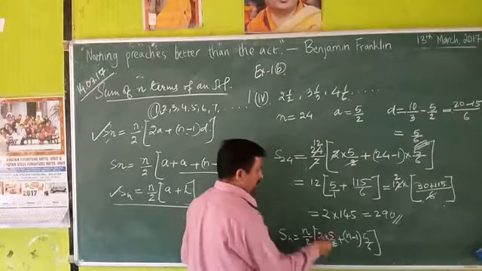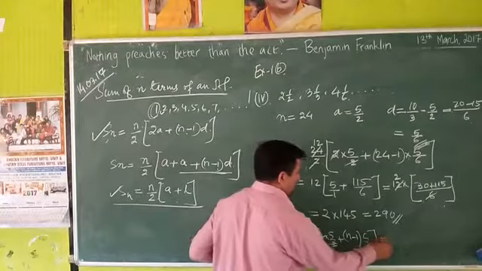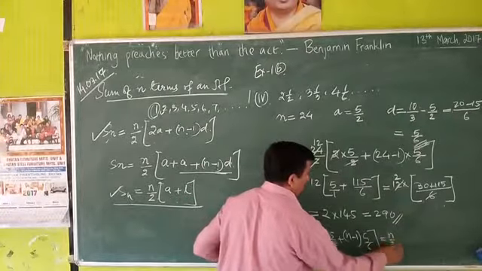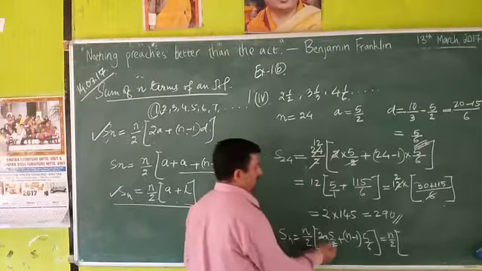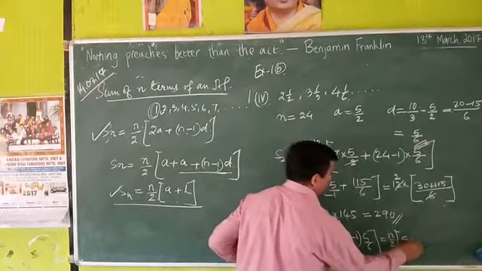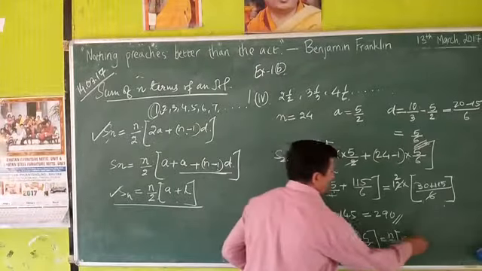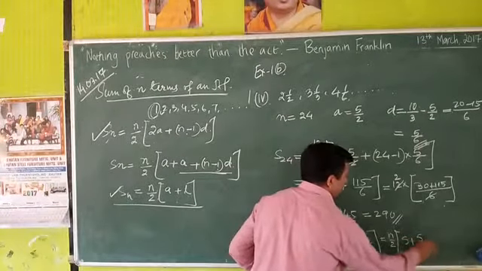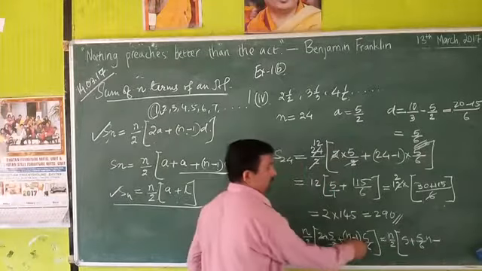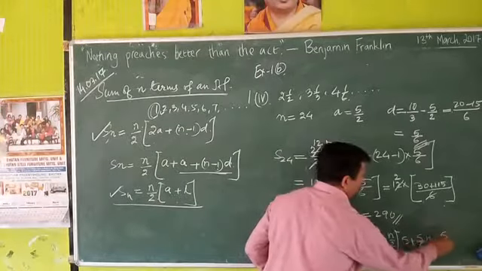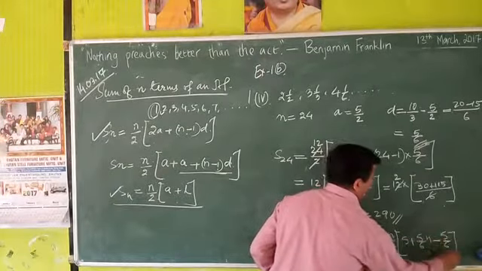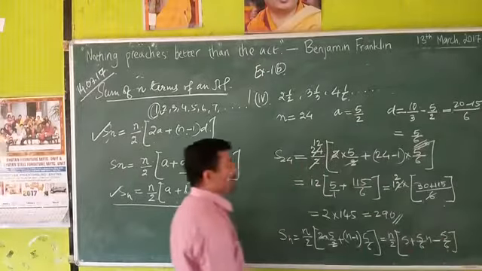So we can simplify this to cancel, and this is equal to n over 2, into 5 plus. Now we will multiply this. This will become 5 over 6 n minus 1 into 5 over 6. Is it very clear?